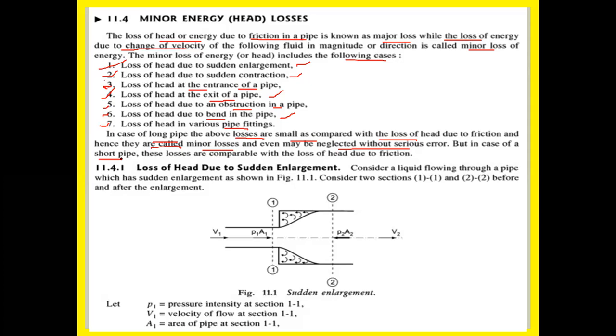Understood? Now in the next class we'll see the loss of head due to the sudden enlargement. In the next classes we'll see all these seven cases, not in detail, just briefly, just to make you figure this out. All these things will not come in the exam, just keep the formulas in mind.